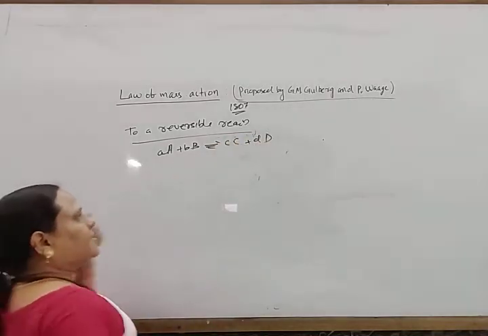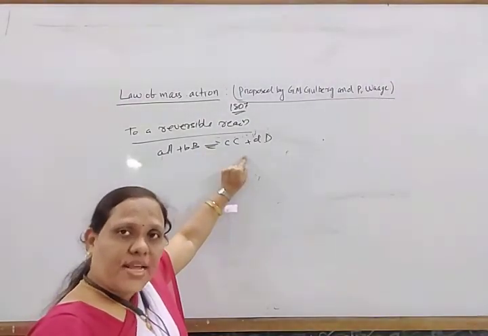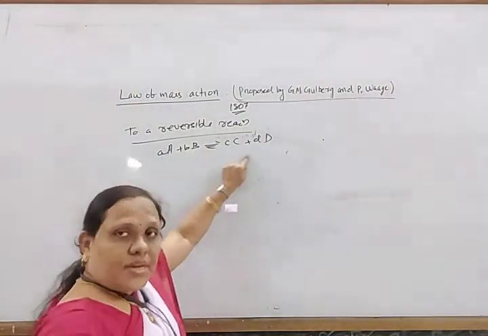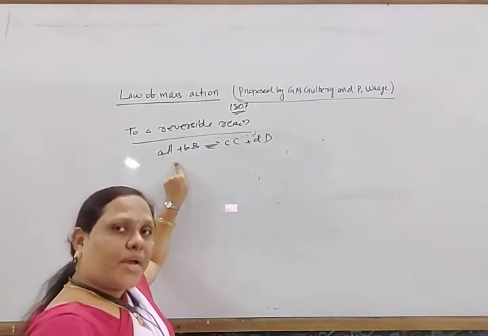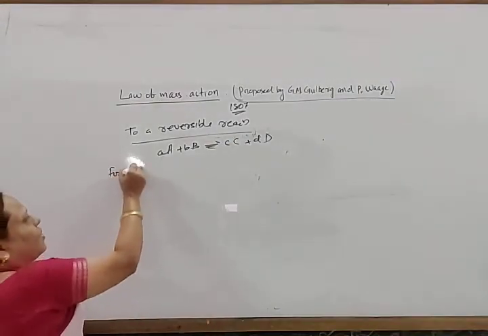These are the reactants, these are the products. Reactants giving the products is known as the forward reaction, and products giving the reactants is known as the backward reaction.